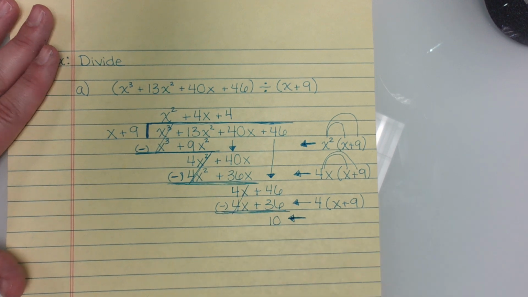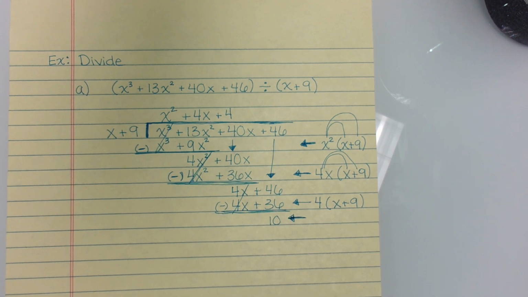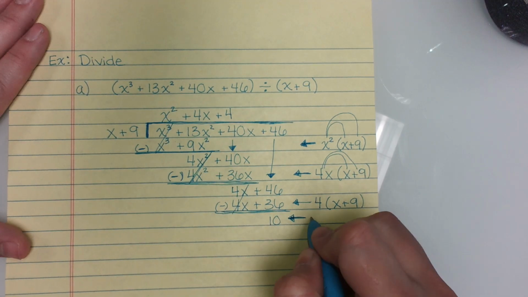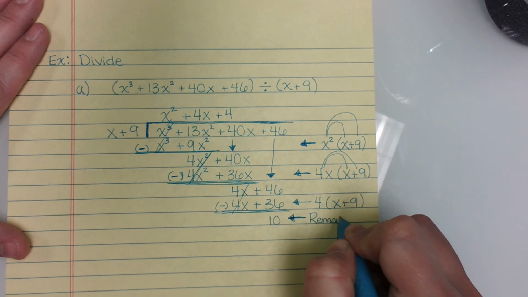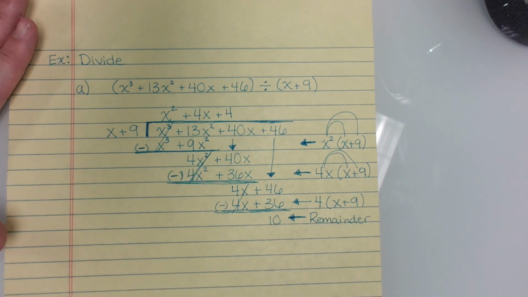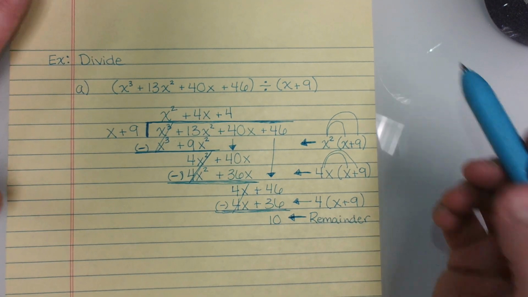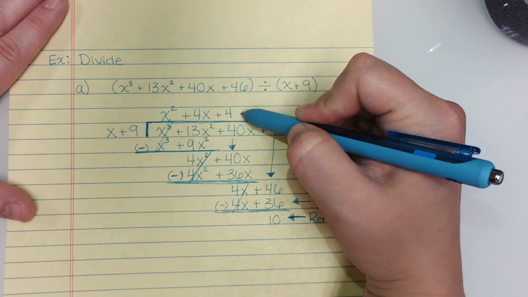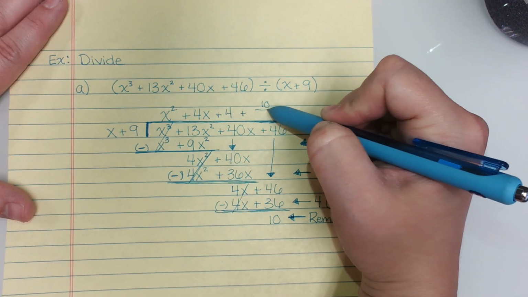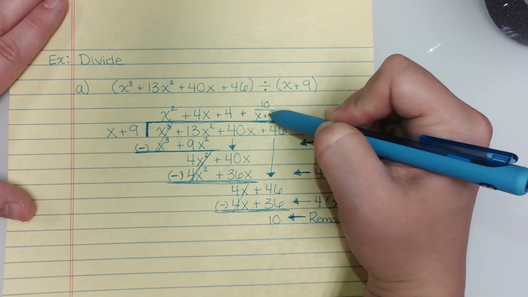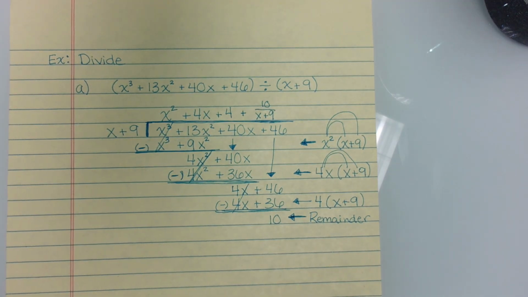This has fewer x's than what I'm dividing by, so I can't actually divide it. This is the remainder. Now, the remainder traditionally gets turned into a fraction as that number over what you're dividing by, added to the thing. That being said, today we are ignoring the remainder, because when you find an oblique asymptote, you do long division without the remainder.